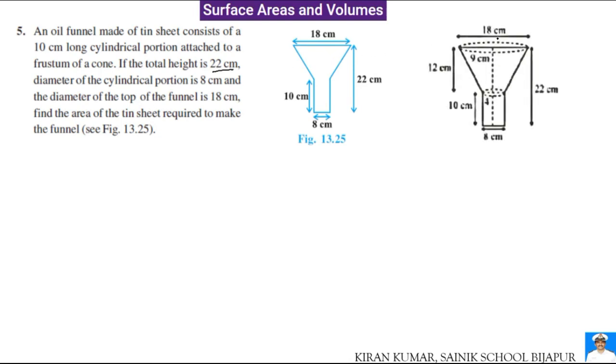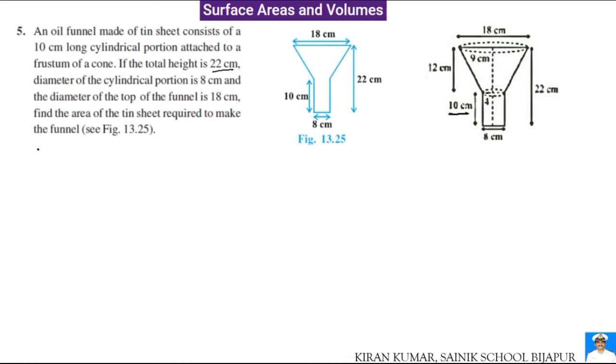18 centimeter is the diameter, and the radius becomes 9 centimeter, and for the lower base of the frustum, the radius becomes 4 centimeter, and for the cylinder's height, it will be 10 centimeter, and 12 centimeter will be the height of the frustum.